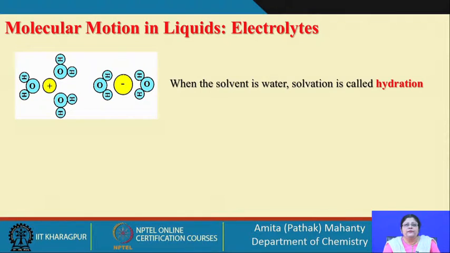So, when we have a system like sodium chloride in water, where the ionic crystals are dissociated into sodium plus and chloride minus in a water medium, the sheath forming around the cation or the anion consists of water molecules. These water molecules surround the cations or the anions.